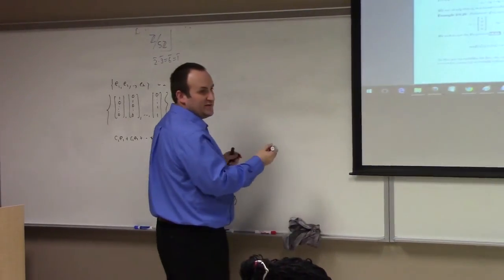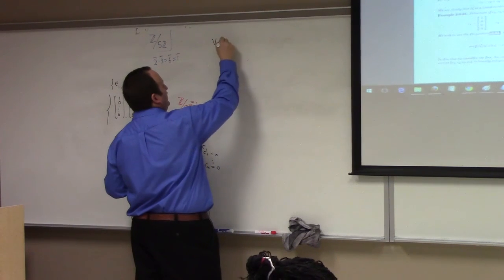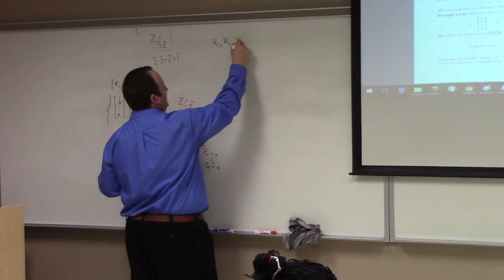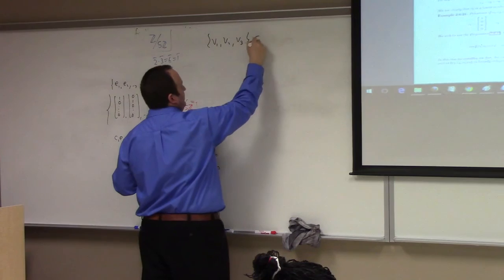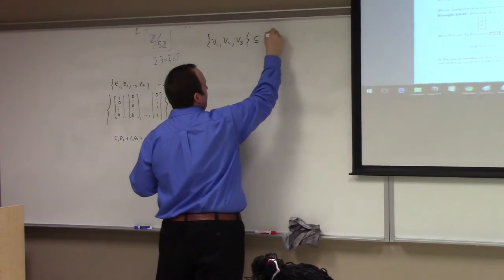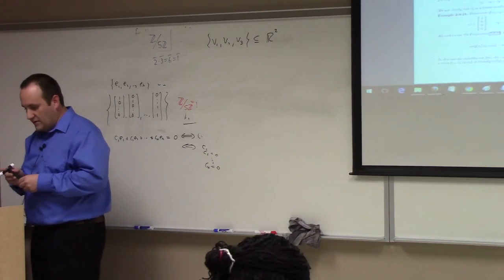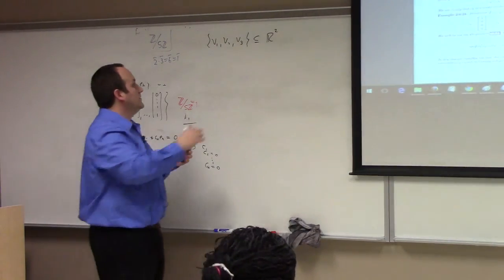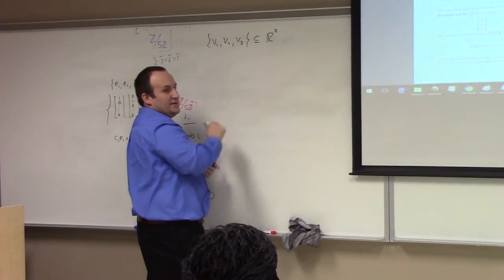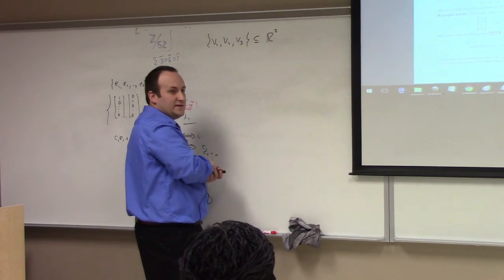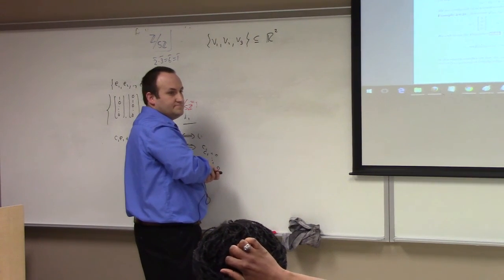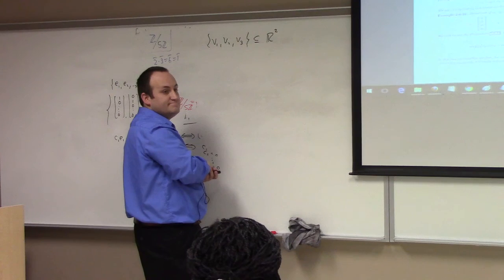For example, let me show you some applications of these. If I have V1, V2, V3, right, and these are a subset of R2, or just a ring with two things, I'm almost done, guys, then is this linearly dependent or linearly independent? Or can't I tell?